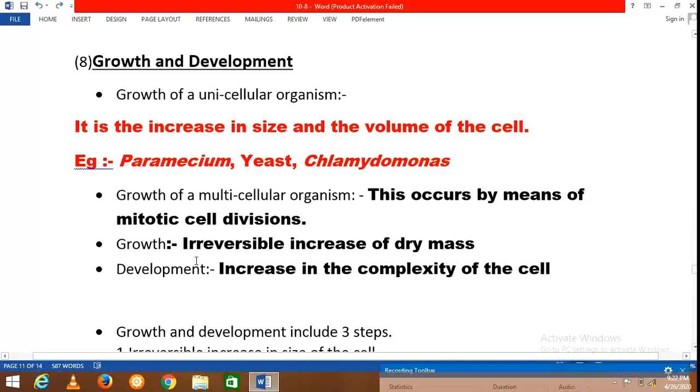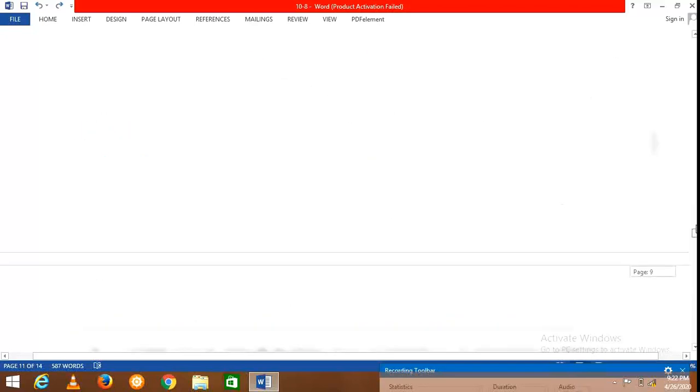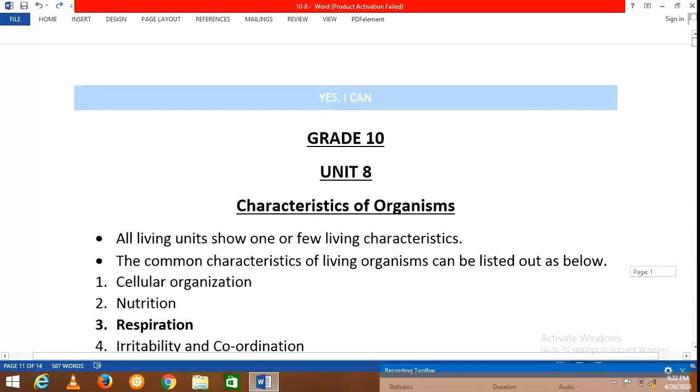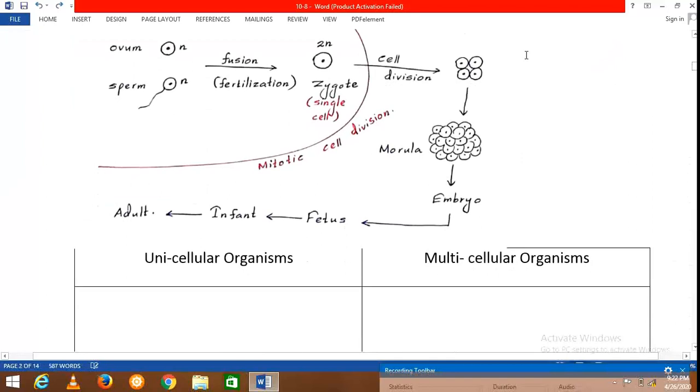Then what is development? That is the increase in the complexity of the cell. If we think of our body, we are not the cluster of cells which we saw at the very beginning. Our body has been differentiated into different systems. Before that, there are different tissues, organs. So this cluster has been differentiated, modified, adapted for different functions and different structures.